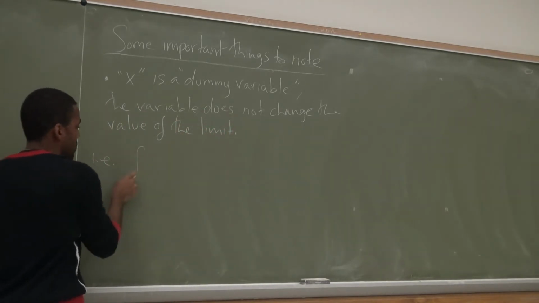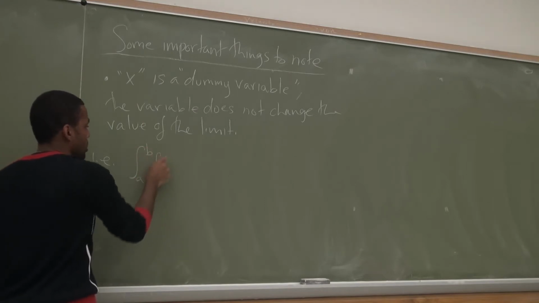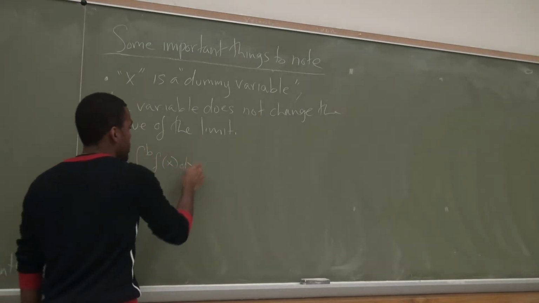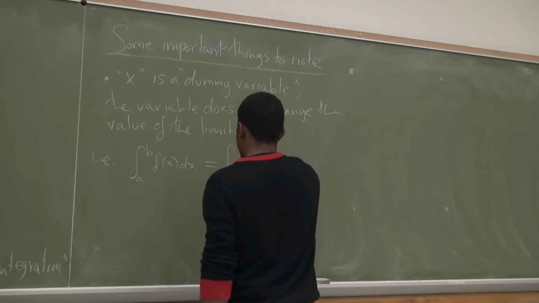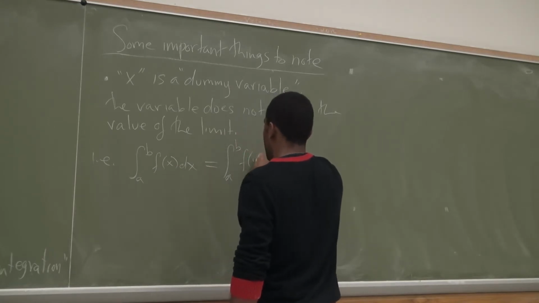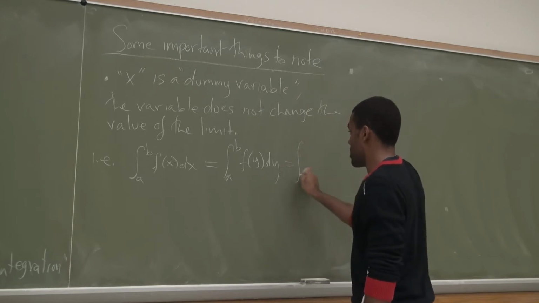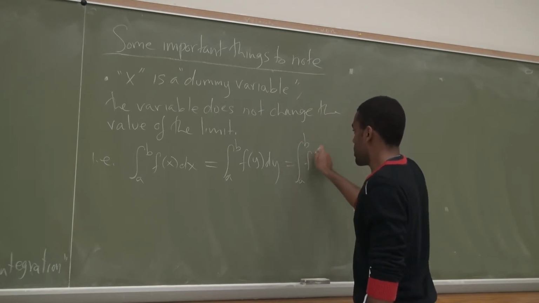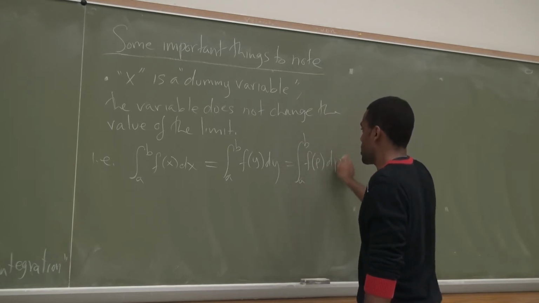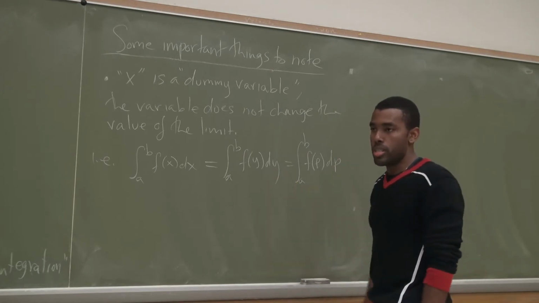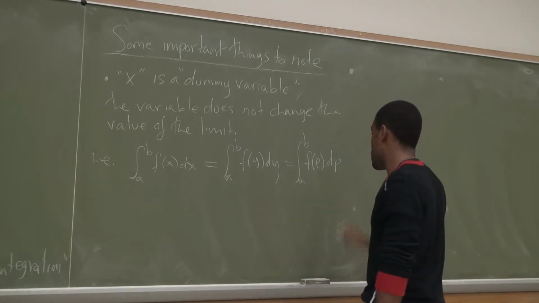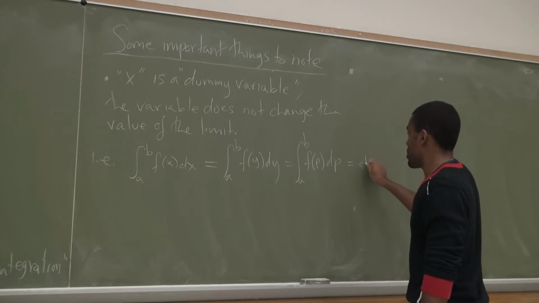That is, say the integral from a to b of f of x dx is exactly the same if I phrase it as the integral of f of y dy. It's exactly the same as if I phrased it as the integral of f of p dp. Really, the variable I'm using doesn't matter. You're going to get the same answer all the time, etc.